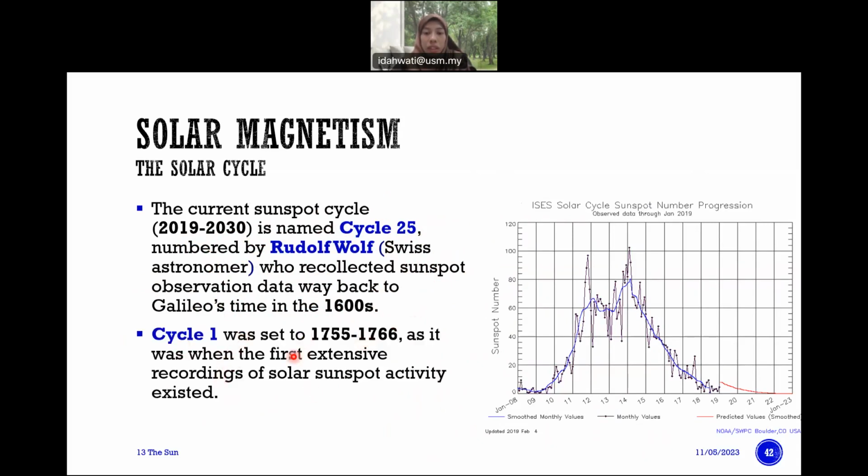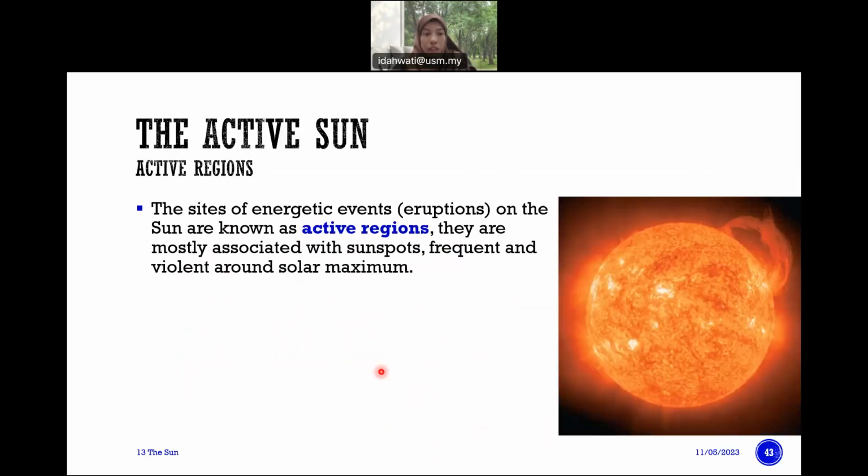Cycle 1 started in this range of time, when the first extensive recording of sunspot activity existed. Since then, the very first solar cycle was reported.